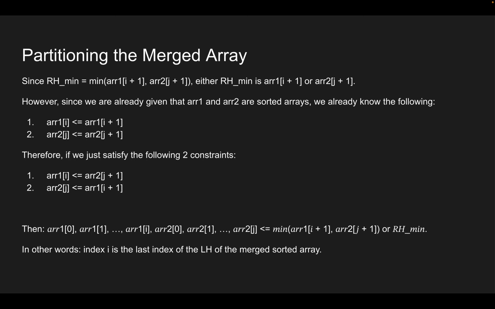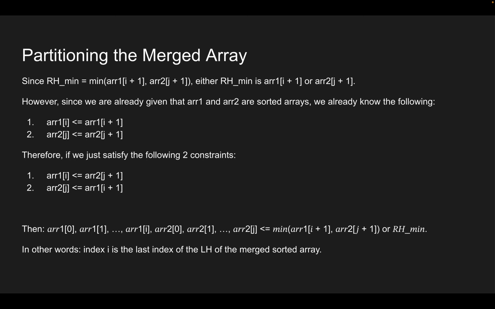However, we're already given that array 1 and array 2 are sorted arrays, so we know that array 1 at index i is less than or equal to array 1 at index i plus 1 for any index i, and array 2 at index j is less than or equal to array 2 at index j plus 1 for any arbitrary index j.